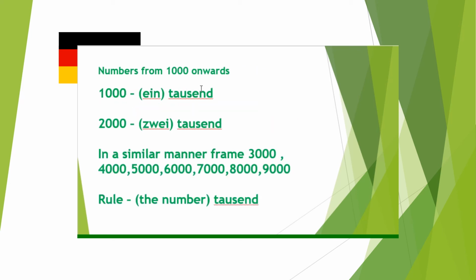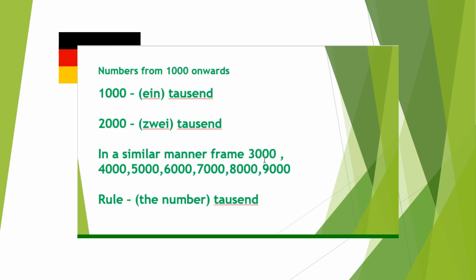Numbers from 1000 onwards: we call it tausend, 1000, 2000, and in a similar manner we frame 3000, 4000, 5000, 6000, 7000, 8000, 9000.